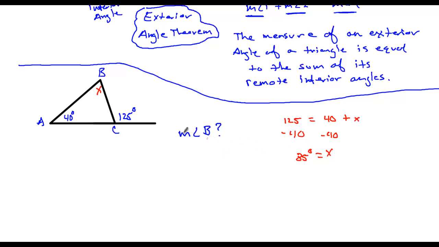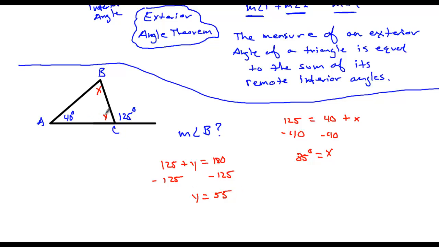Another way, though, that you could have thought your way through that is to look right here. This 125 degrees, and let's say that this is Y. Well, 125 plus Y has to equal 180, because this is a linear pair, and linear pairs are supplementary. So we'll subtract 125, and we'll get Y equals 55.